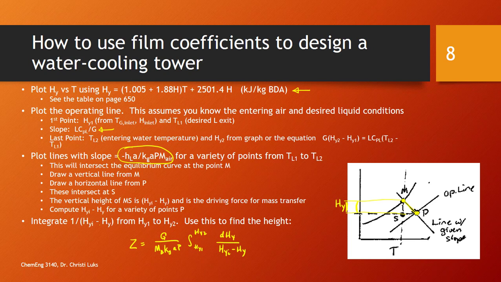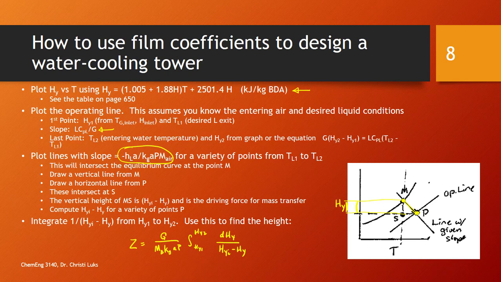So we assume that you know what is coming in, the air quality coming in, and we know what the liquid we need to have, both at the inlet and the exit. Your first point is going to be the combination of the gas inlet and the liquid outlet. Our other point is going to be the liquid inlet, but we don't know what the enthalpy of the gas coming out is.